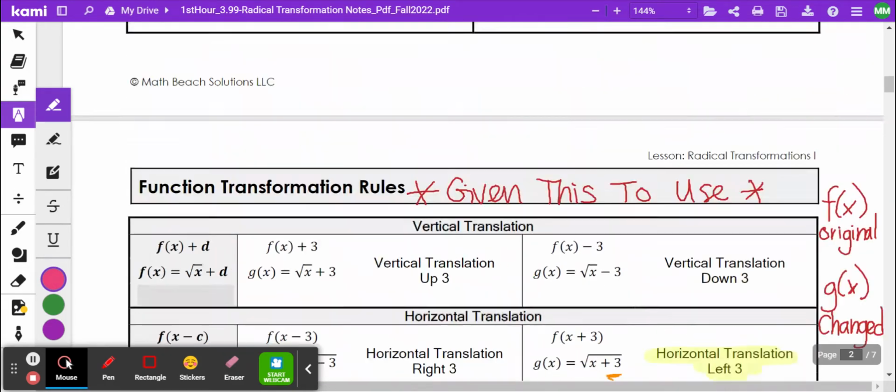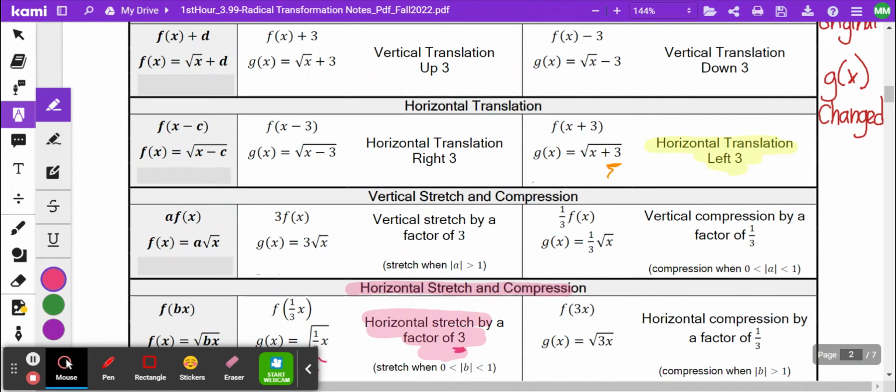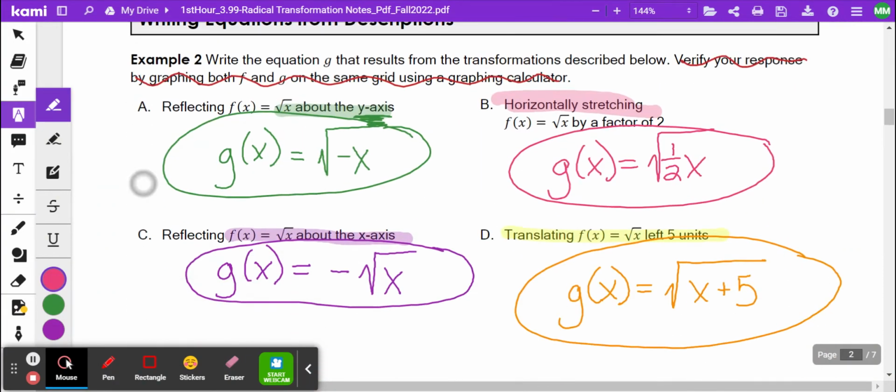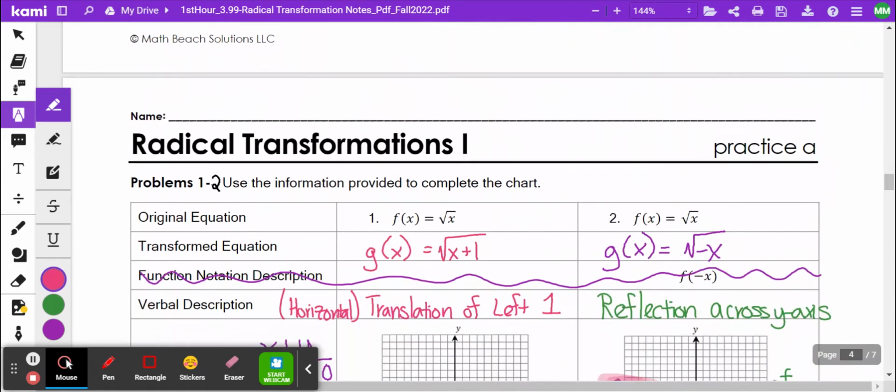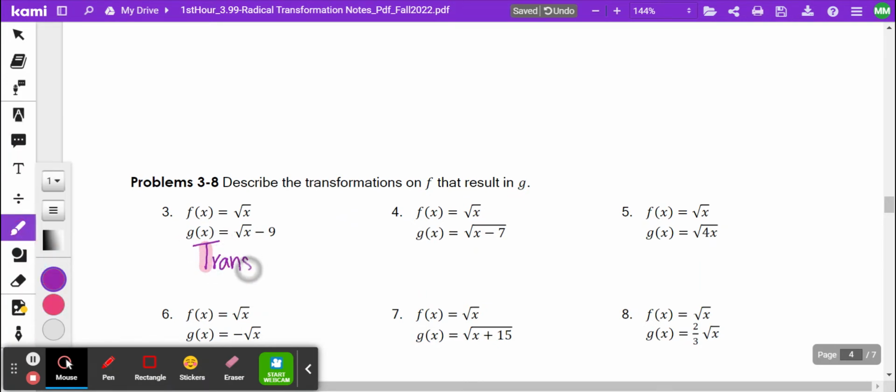So if we look at our table and we look for where we have it on the outside being subtracted, that is a translation down that much. So we're going to have a translation down that much for number 3. So it's going to be a translation down 9.